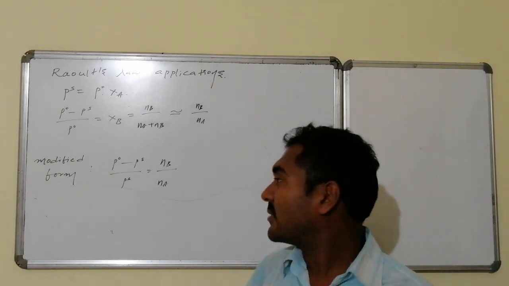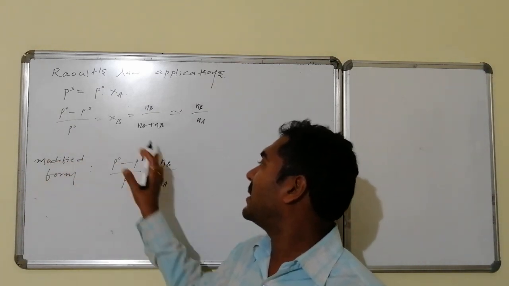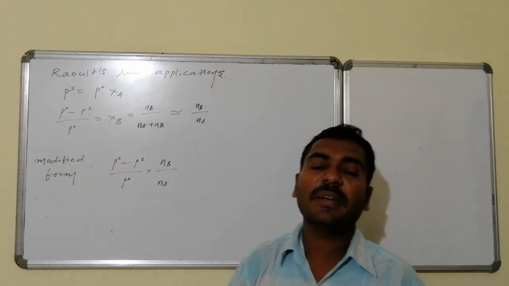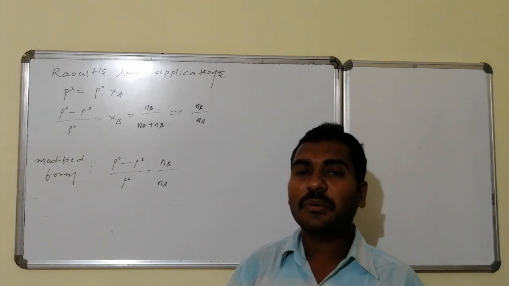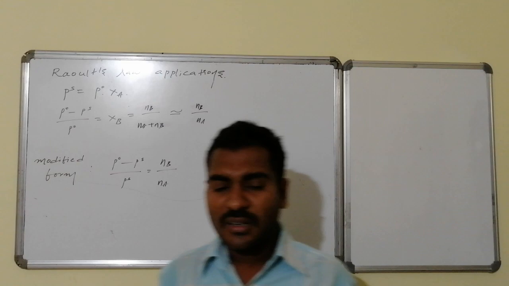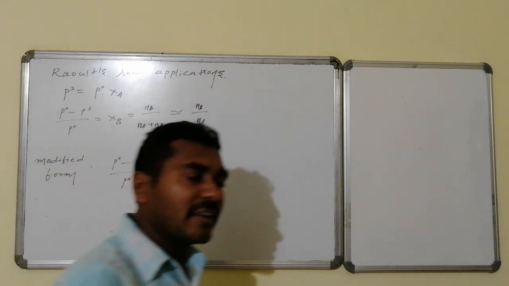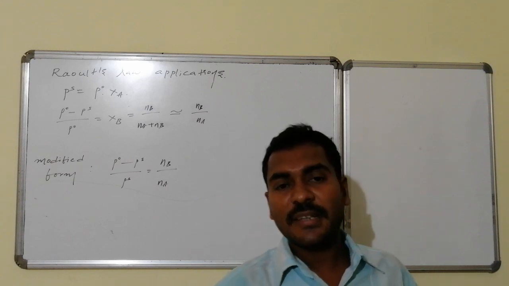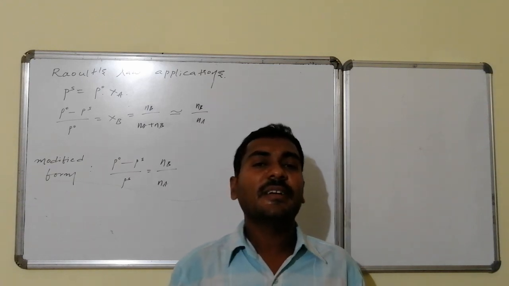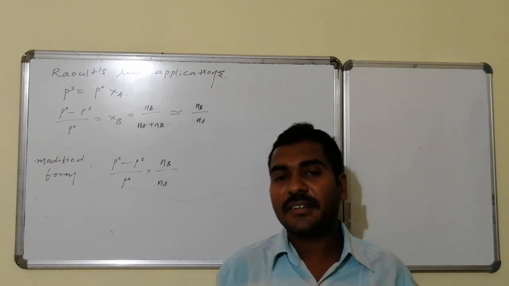So the equality maintained is (P0 − Ps)/Ps = Nb/Na. This is the form of Raoult's law valid in every category: for dilute solutions and also for concentrated solutions.